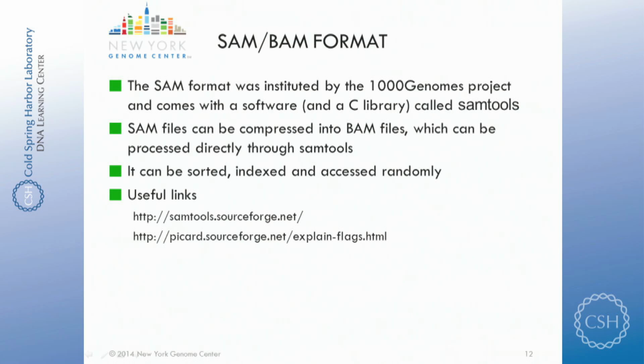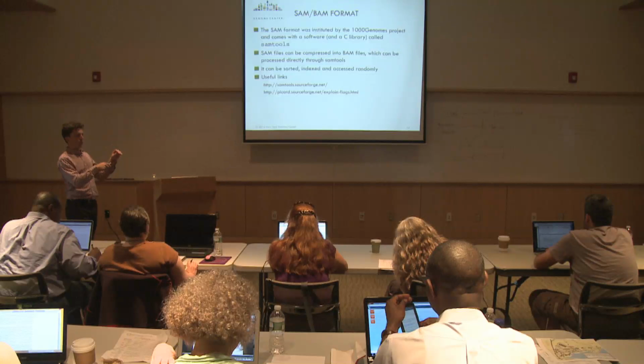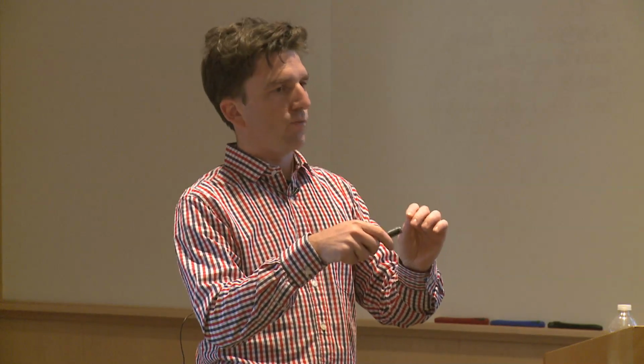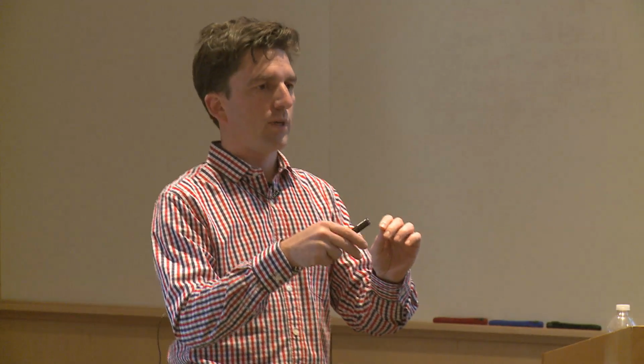So that means you can have a multi-gigabyte file and access directly the alignments corresponding to a specific genomic location. So you do samtools view your file.bam, and the coordinate, chromosome 1, colon, left to right position, and you will have all the reads corresponding to that location.